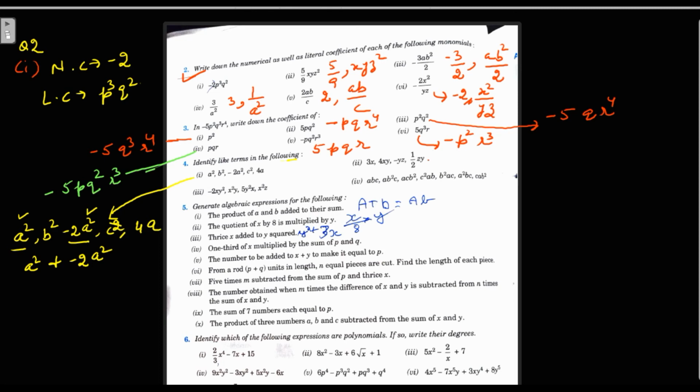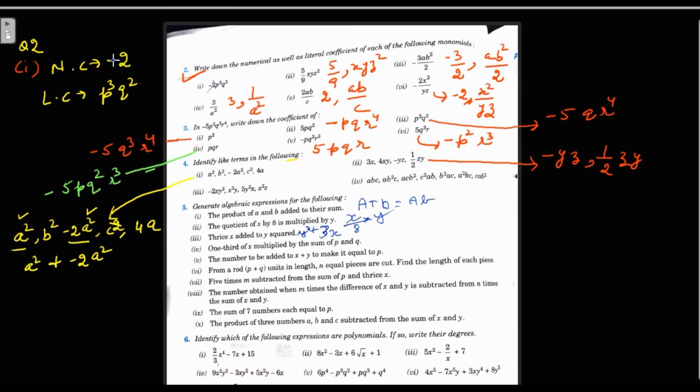In the next part, like terms would be minus yz and zy, they are the same, so the like terms would be minus yz and 1 upon 2 zy. So these are like terms.